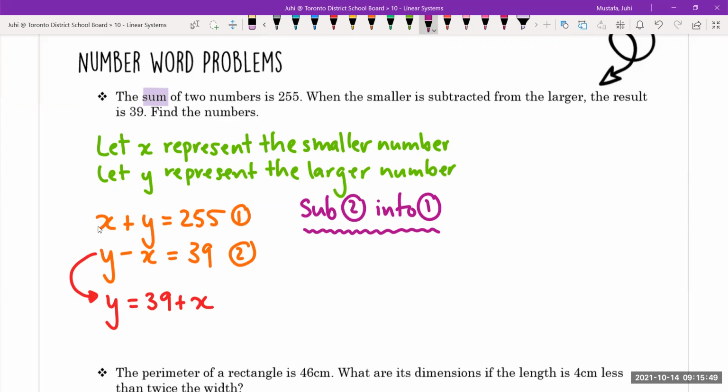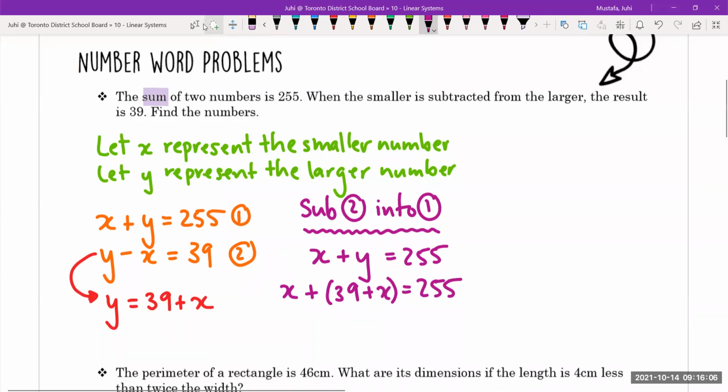So I'm going to take equation number 1, which is X plus Y is equal to 255, and substitute this Y right here. So it's going to be X plus bracket 39 plus X is equal to 255. And you guys are all really good at solving equations. So go ahead and solve this and we'll see if we get the same answer.